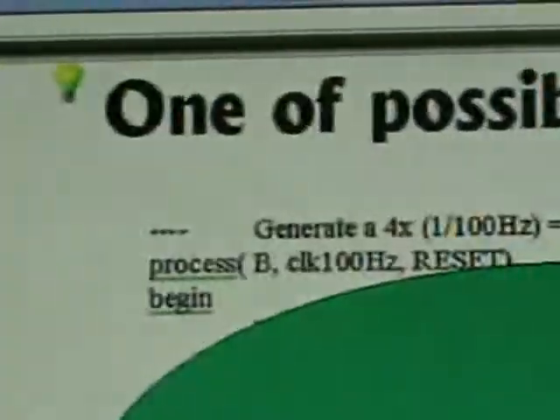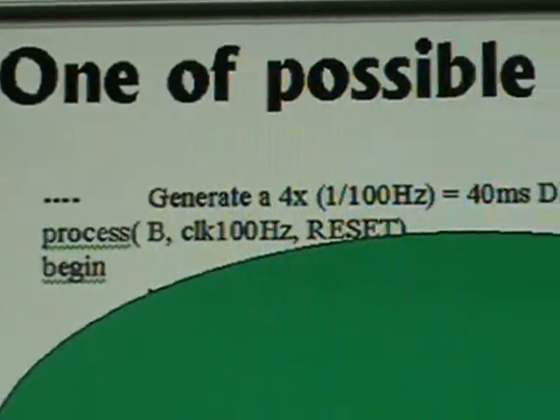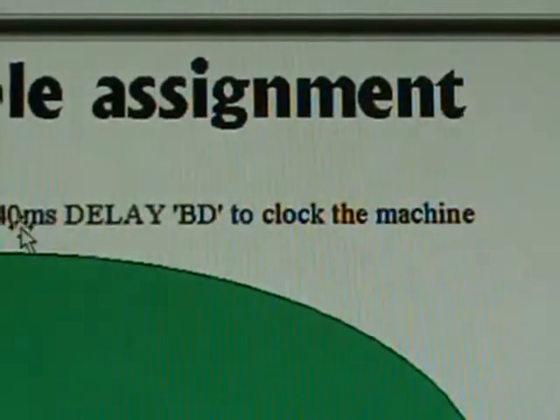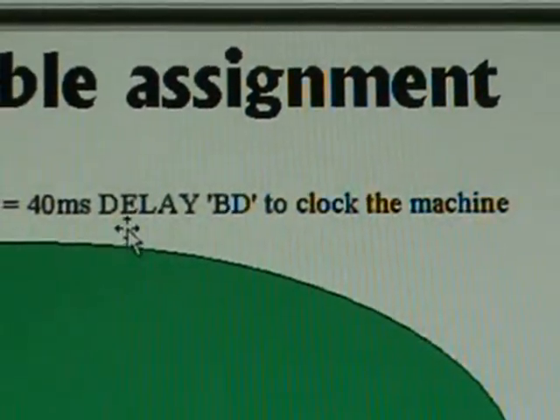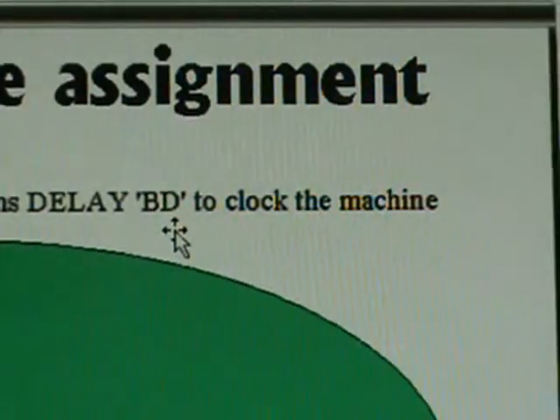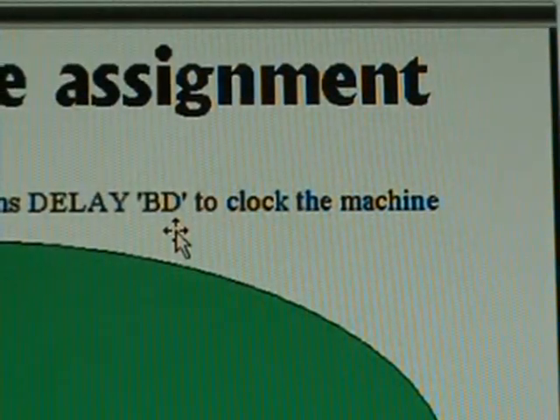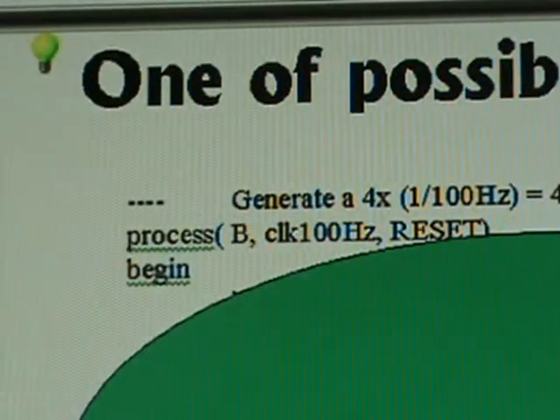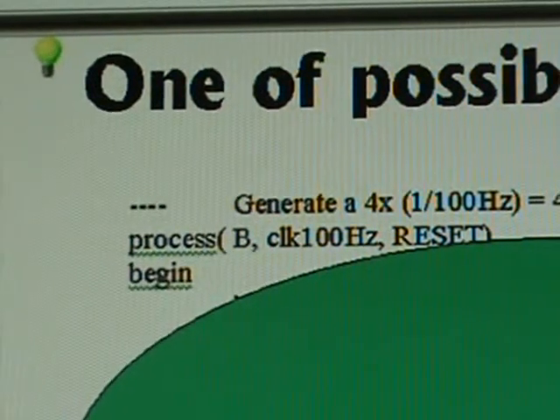But to make this serve as your assignment, I blotted out here the necessary step requirement to produce a 40 millisecond delay clean debounce button that will be used to clock the data flip-flop, the one that we just read a while ago.